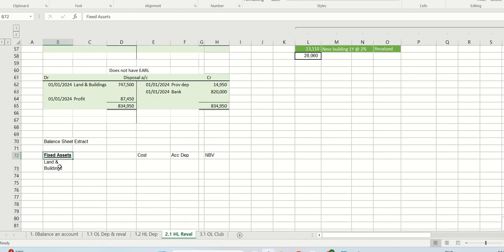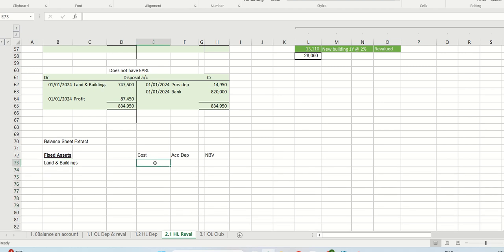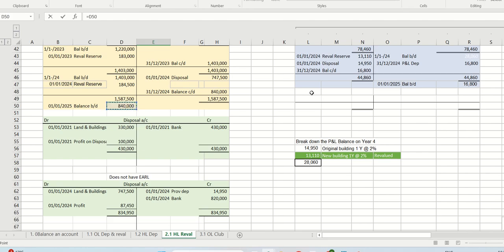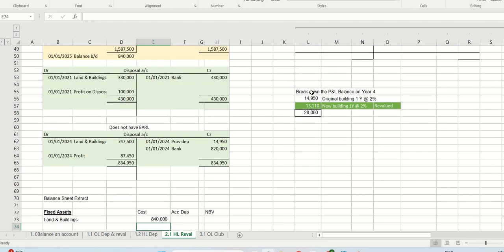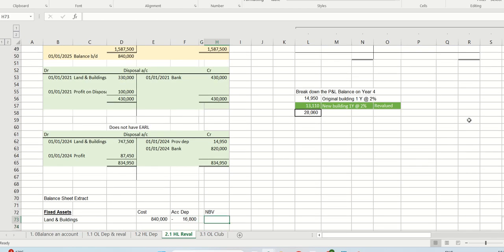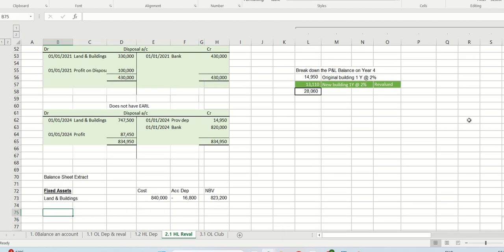All we're doing here, guys, is taking the balance c/ds or the balance b/ds from our work and entering it in here. Okay, so the balance b/d from our asset account, 840,000. Our accumulated depreciation credit balance, 16,800. So our net book value is going to be one minus the other, 823,200.